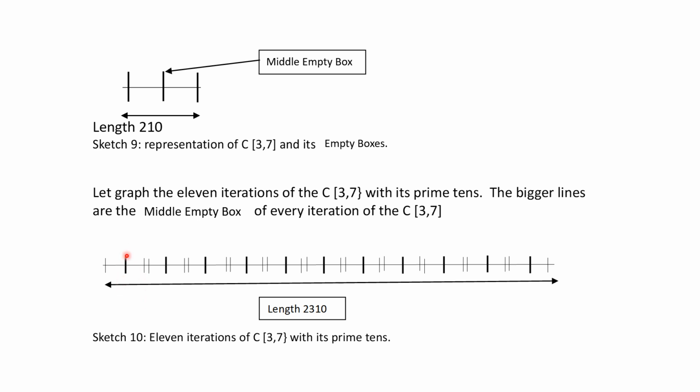The vertical lines are empty boxes. And the ones that are bigger are the middle empty boxes of each iteration of the cycle of 3 and 7. So we have 11 iterations.